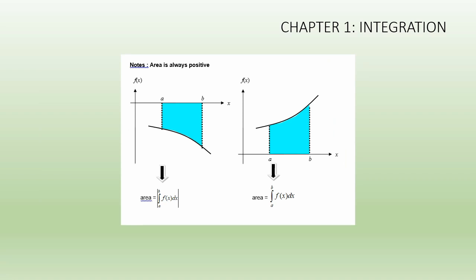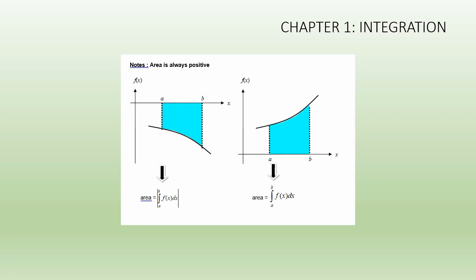Note that the area is always positive, but we can also have a negative region when the curve is below the x-axis. So for a curve that lies below the x-axis, we have to put the modulus on the formula to make sure that the area is a positive value.